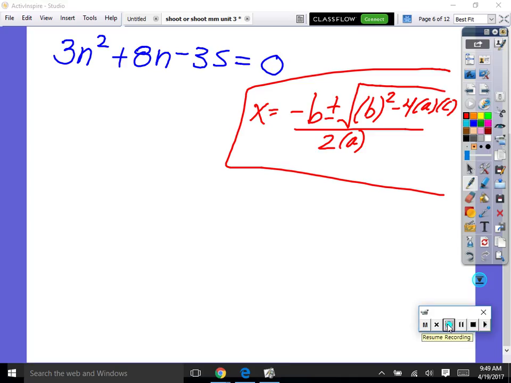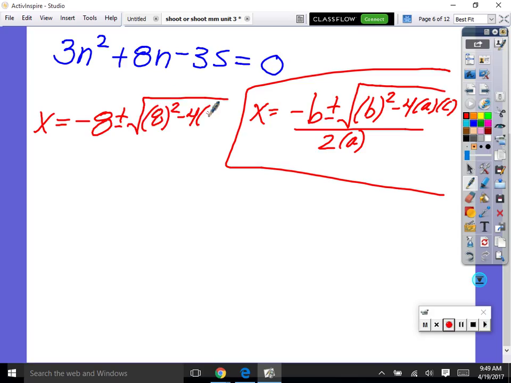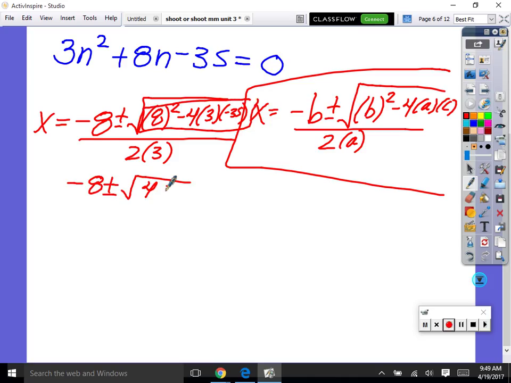Okay, so quickly I'm going to go through. So x equals negative 8, that's negative b plus or minus the square root of b squared minus 4 times a times c. And then that's all over 2 times a, so that would be negative 8 plus or minus the square root. You type that into your calculator, you got 484 all over 6.